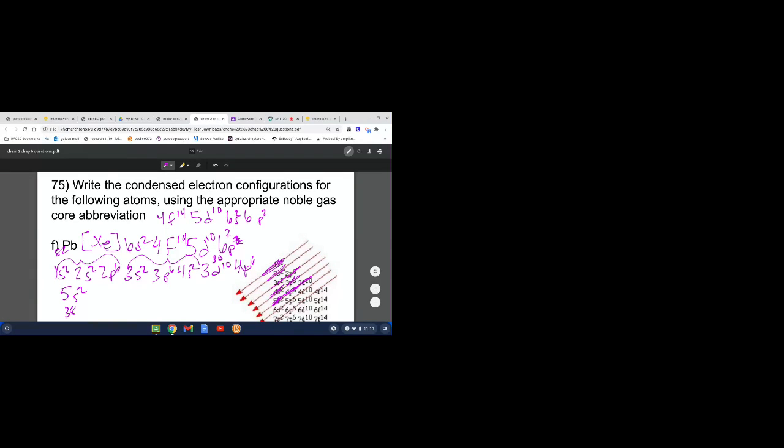We are at 5s2, 4d10, 5p6. So that's 48 and 54. 6s2, 4f14, 5d10.